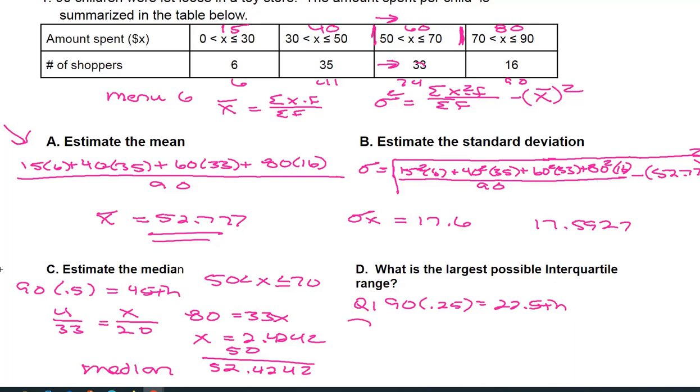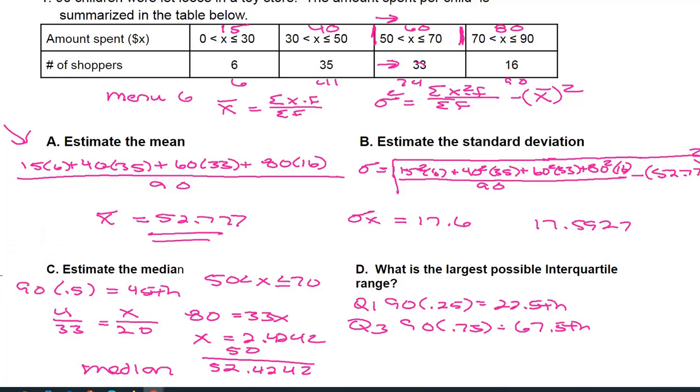And then I'm going to do Q3, and again it's going to be 90 but times 0.75, about 3/4 of the way, and that's going to get me about 67.5.